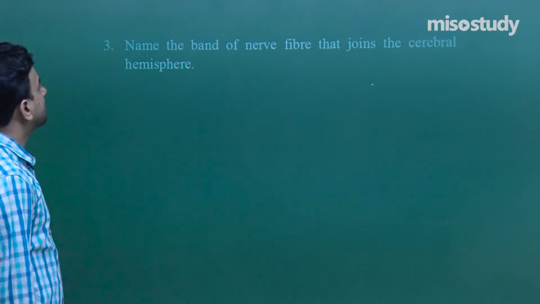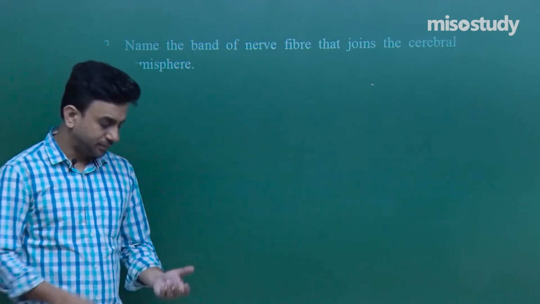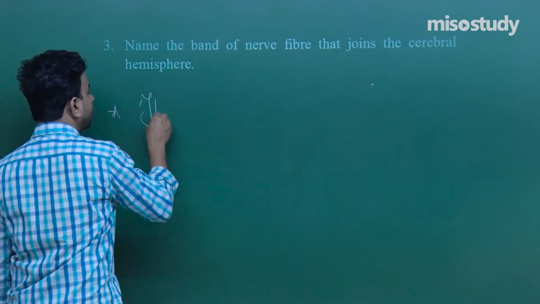Name the band of nerve fibers that joins the two cerebral hemispheres. It is just one word.